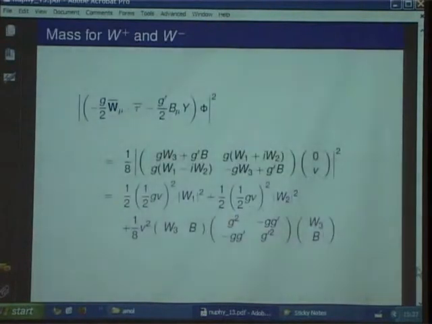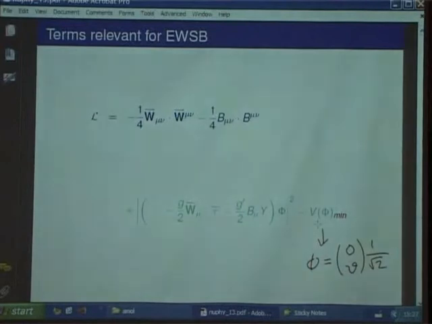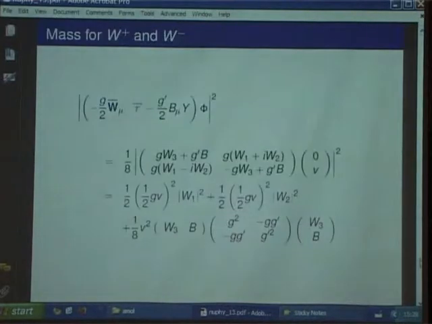So let us do that. This is the term: W dot tau, g, plus g prime Y, times phi mod square. This is exactly what I had. I replace phi by 0, v.